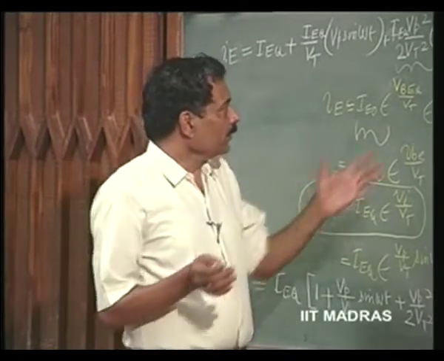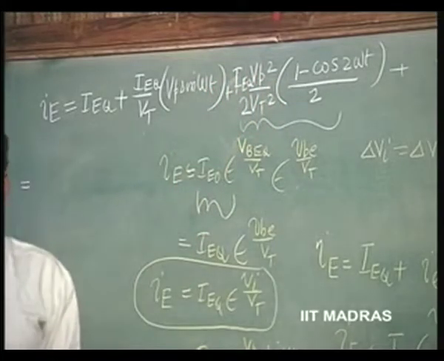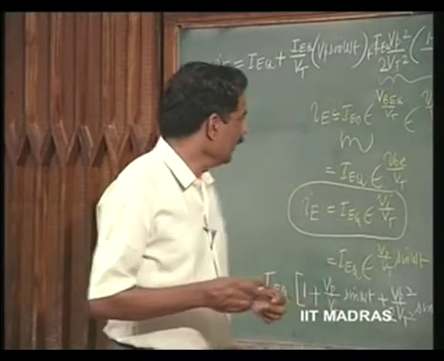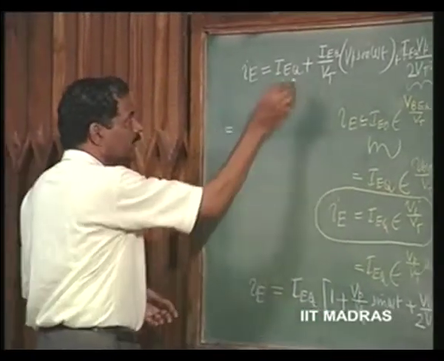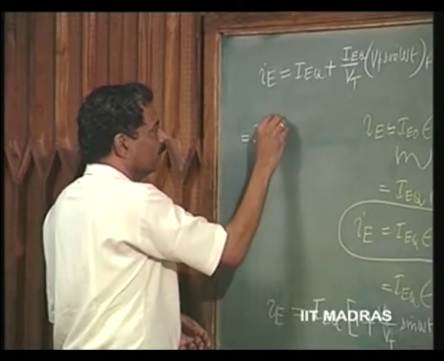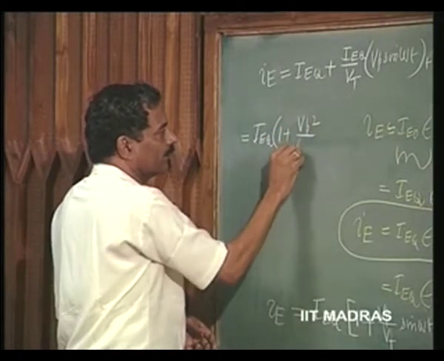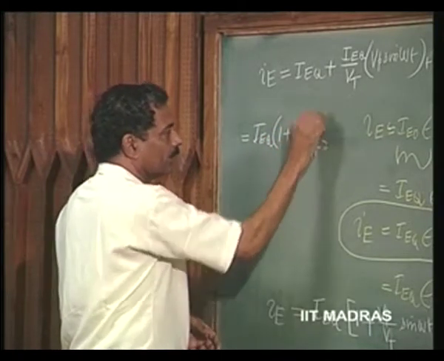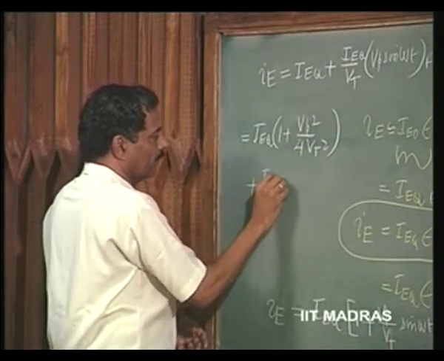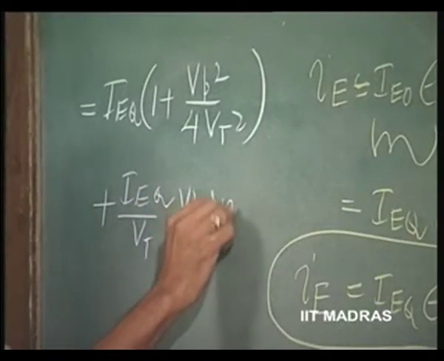So, that is the predominant harmonic distortion in a common emitter amplifier. Please remember, therefore, a common emitter amplifier has predominant distortion, which is second harmonic distortion. So, the DC is IEQ into 1 plus Vp squared by 4 Vt squared, okay, plus IEQ by Vt into Vp sin omega t.